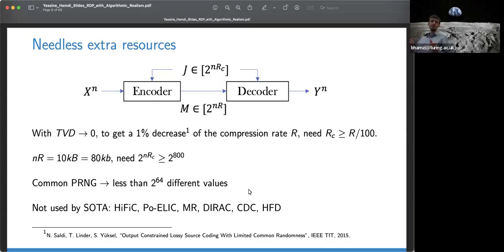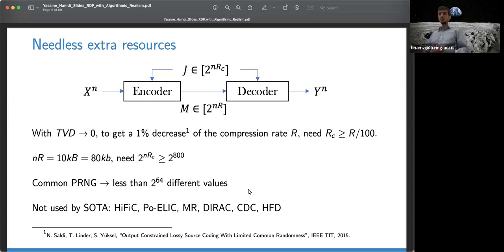So let me give you an example. If the compressed file is 10 kilobytes, so NR is 10 kilobytes, then the number of distinct values the common randomness should take, 2 to the NRC, should be at least 2 to the 800 distinct values.